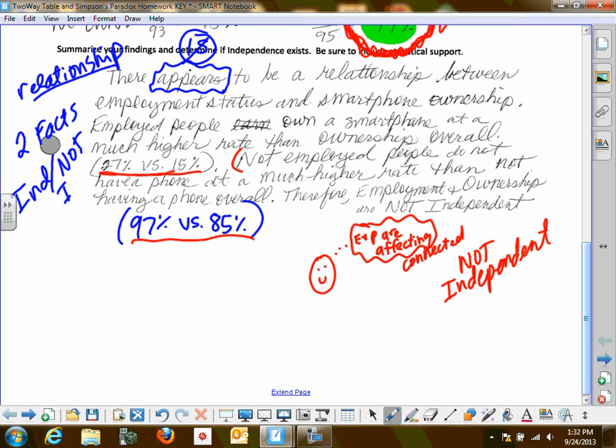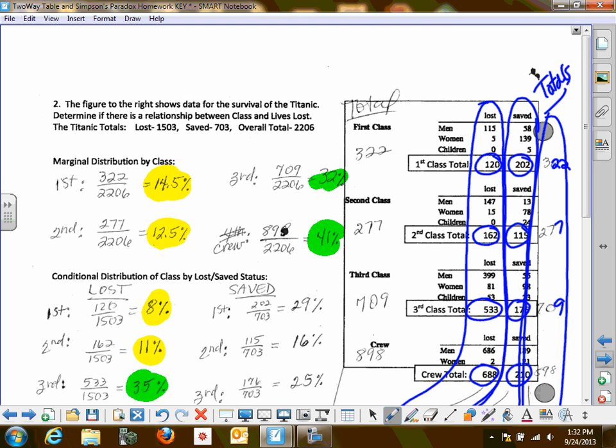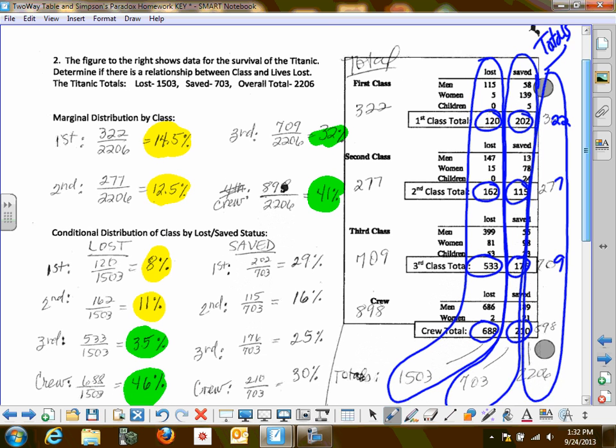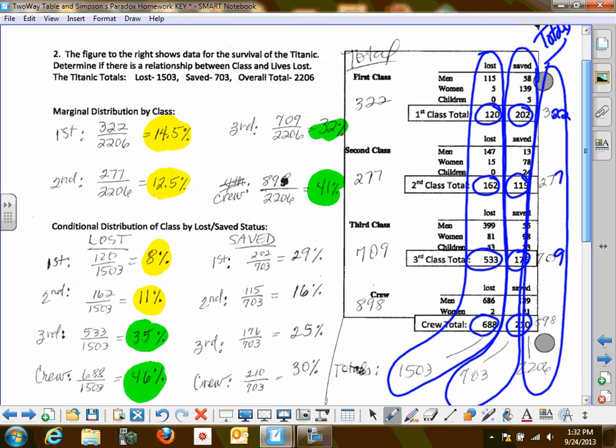Right. Okay. Next. This is the Titanic. I think I kind of led you guys down this vertical direction because it said we want to compare class with survival. So we go with the totals. This column here is going to give us what? What's this that I'm circling? That's going to give us our marginal distribution by class.